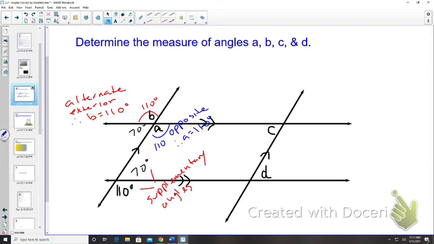And what do we know about interior angles? If we have A and C, we know that over here is 110 degrees as well, and then C would be 70 degrees.